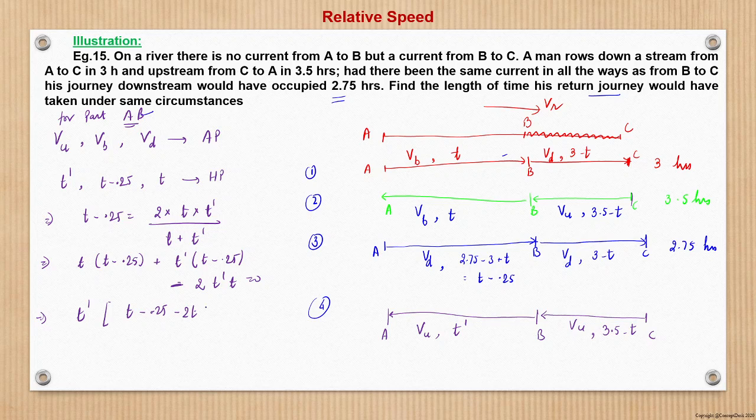minus 2t, right, plus t into t minus 0.25 is 0.